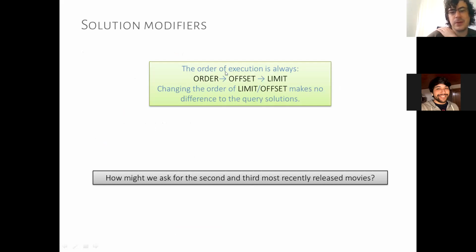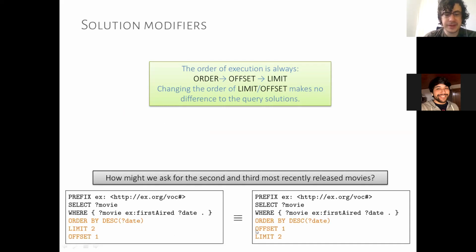Again, the order of execution is always order into offset into limit. So changing the order of limit and offset makes no difference to the query solutions. If you write offset then limit or limit then offset, it doesn't matter. So these queries here are equivalent; this notation means that they're equivalent.